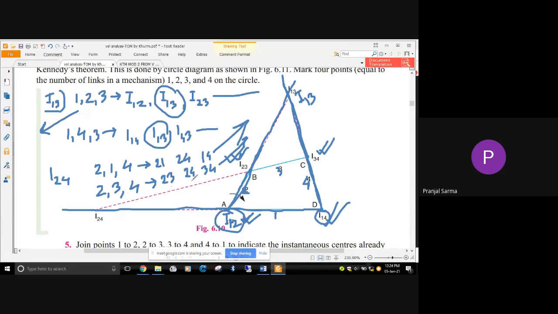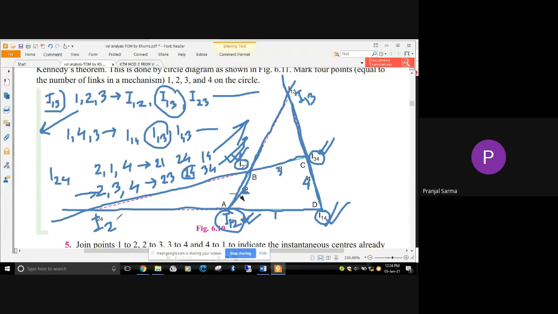Similarly, from the second consideration, I23 is already there, I24 I have to find out, and I34 is already there. So on the line joining these two instantaneous centers, I24 should also lie. Like this. Once again, it is a similar case. One statement says that it should lie on this particular line, another statement says it should lie on this line. So wherever both of them intersect, this is the point of I24.